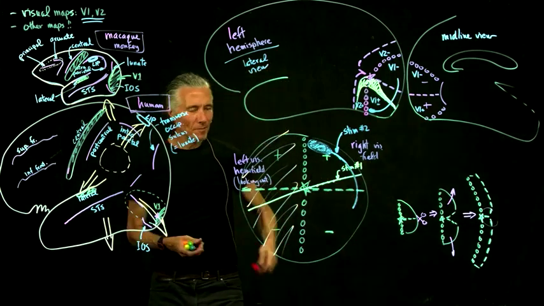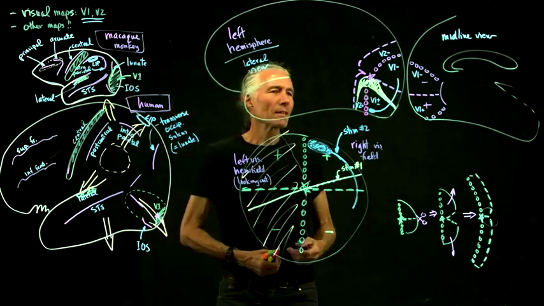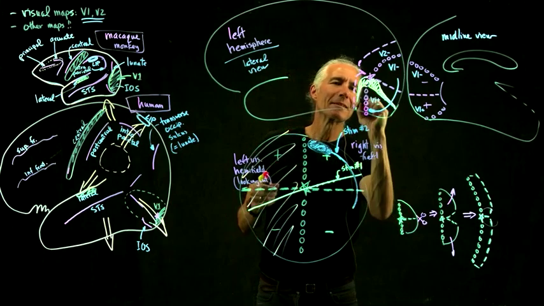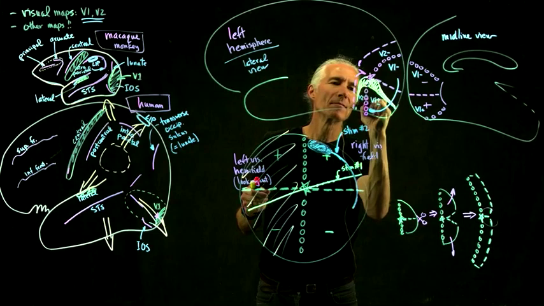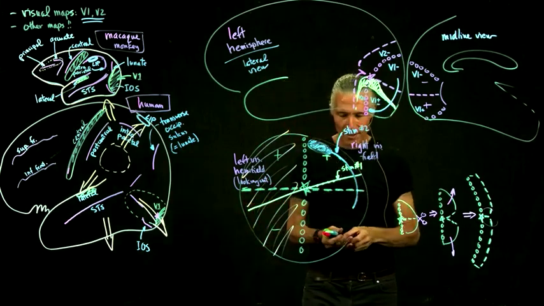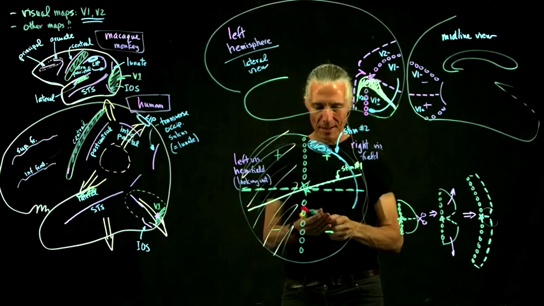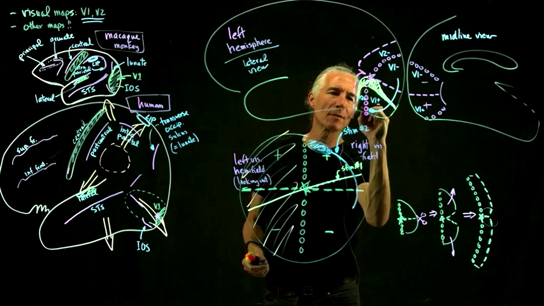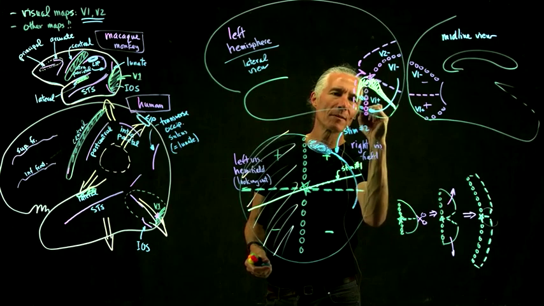So what about V2? So what's going to happen in V2 is, I should have done this before, so there's V2 plus. Okay, so what's going to happen in V2 is there's going to be another copy of that little head thing there. It's going to be closer to the vertical meridian, so there's another copy of it right there.